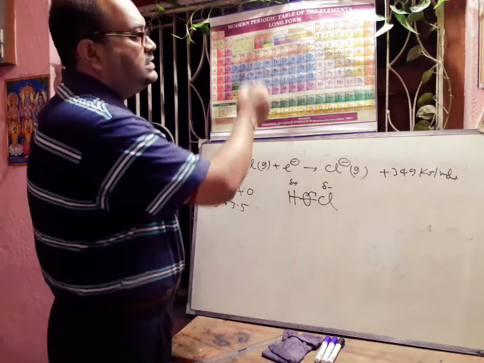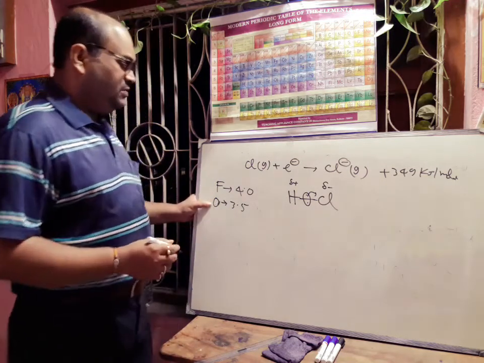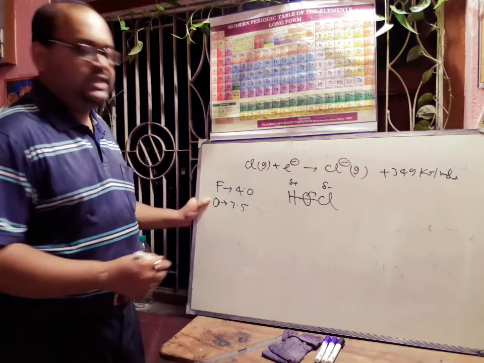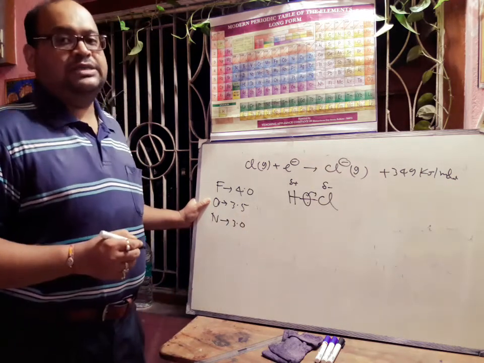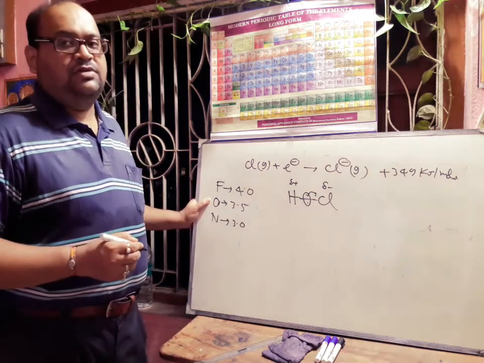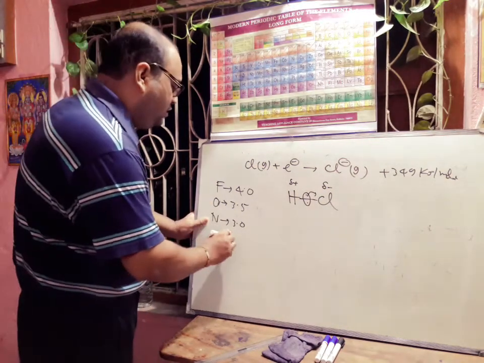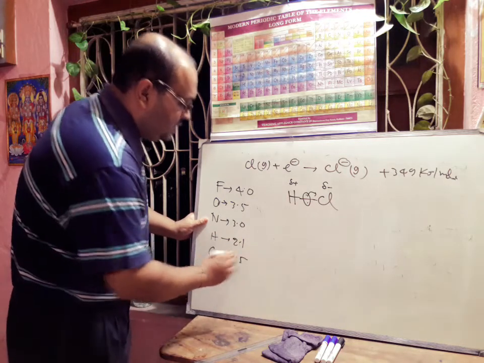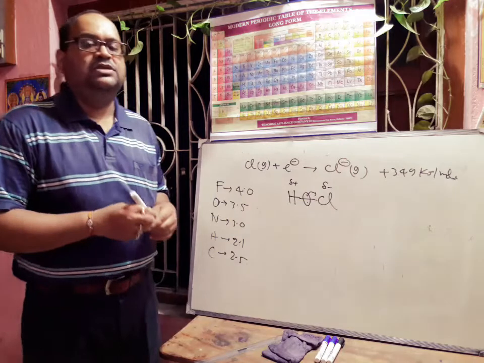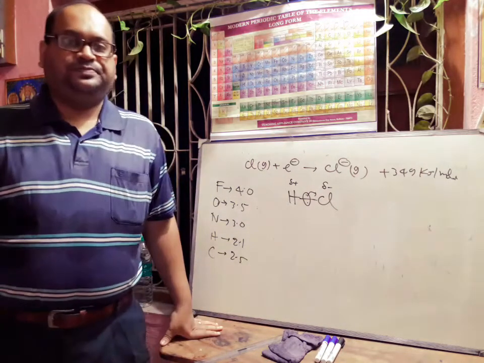Here in the periodic table chart all values are given. So after fluorine there is the position of oxygen, then we will consider nitrogen. The nitrogen electronegativity value according to the Linus Pauling scale will be around 3. Next we can consider hydrogen will be 2.1 and carbon will be 2.5.